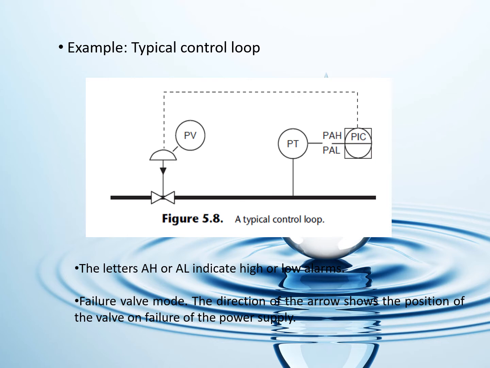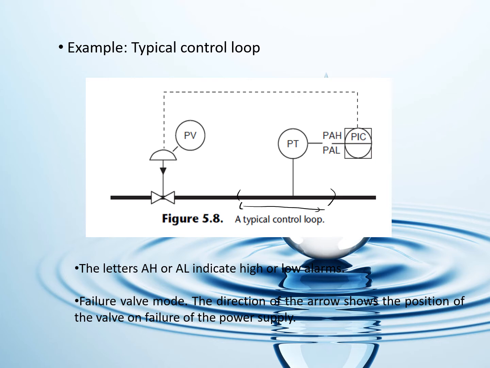Okay, now I give one example of a typical control loop. This is a pressure control system. We can see here the transmitter is connected to the pipeline. This transmitter will measure the pressure along this pipeline and send the information to the pressure indicating controller.